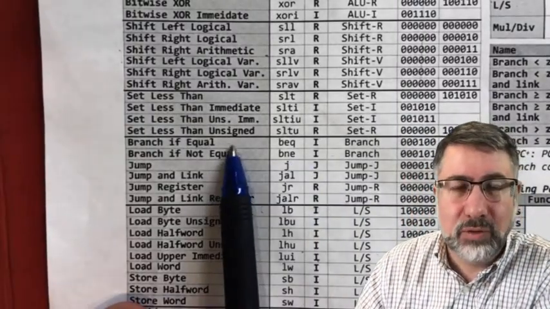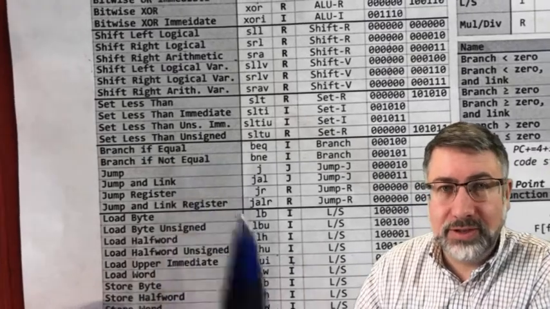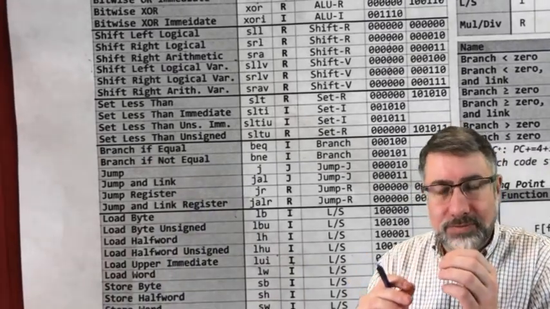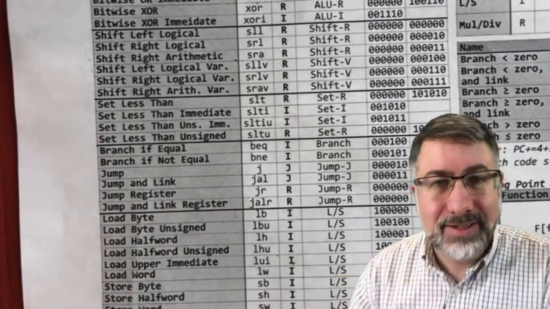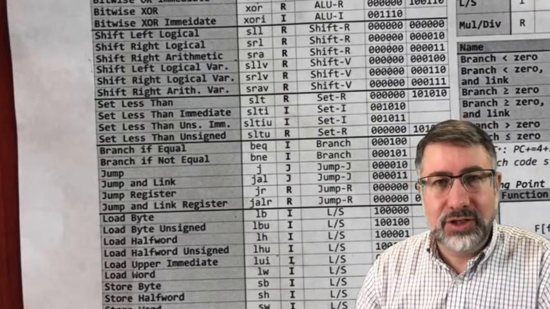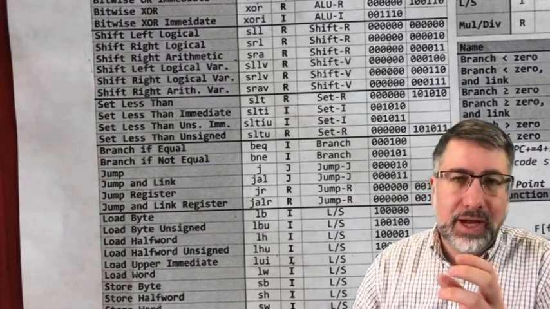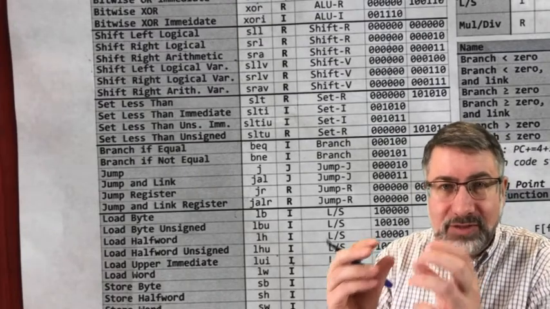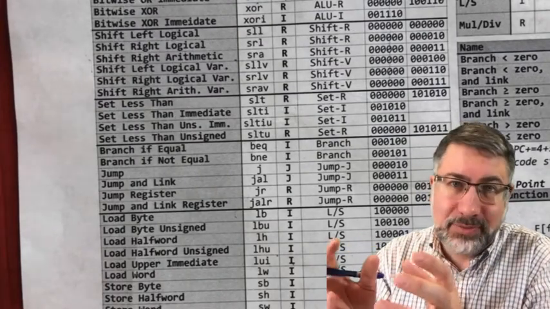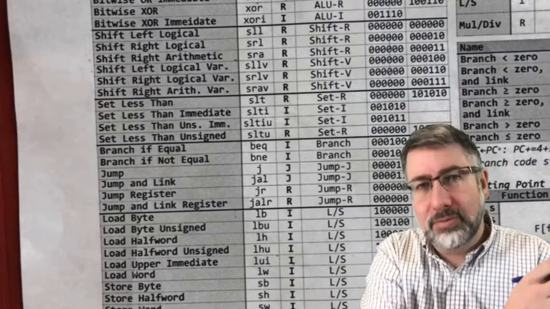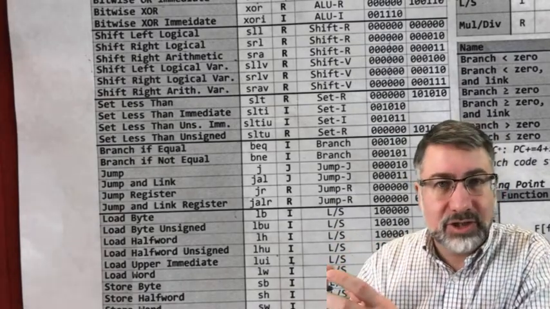Branch if equal looks at the register that you set in the set instruction. So say you used a set instruction to set register T0, and then you would compare it with 0. And you said if T0 is equal to 0, that means the set instruction failed, and we can branch. Maybe we want to branch if the set instruction succeeded.